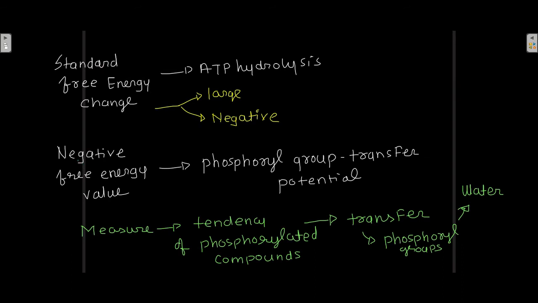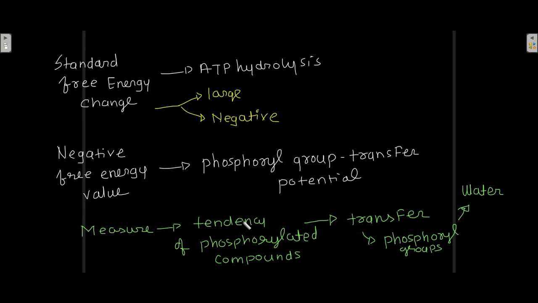Now this negative free energy value of these compounds is referred to as phosphoryl group transfer potential. Okay, phosphoryl group transfer potential is a measure of the tendency of phosphorylated compounds to transfer their phosphate groups to water.